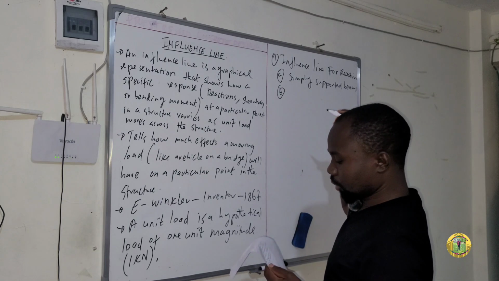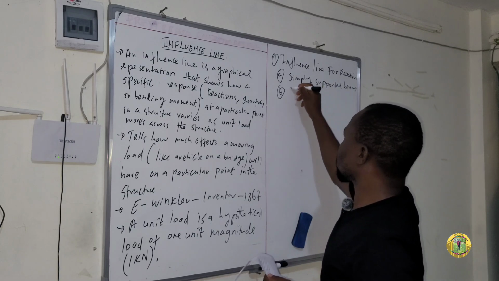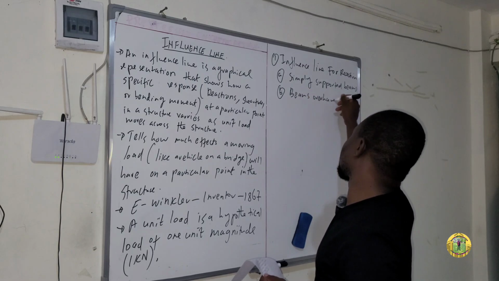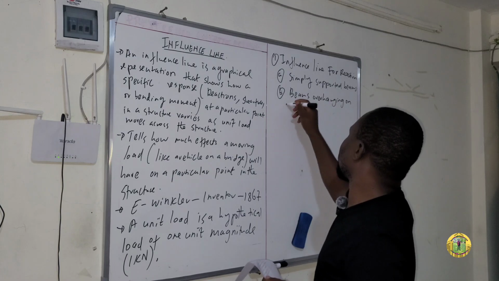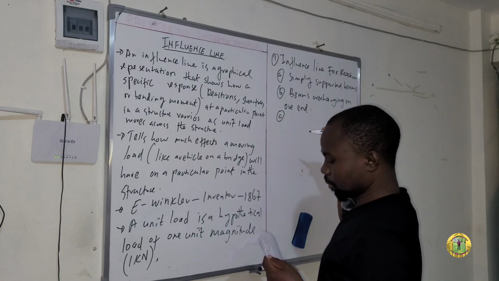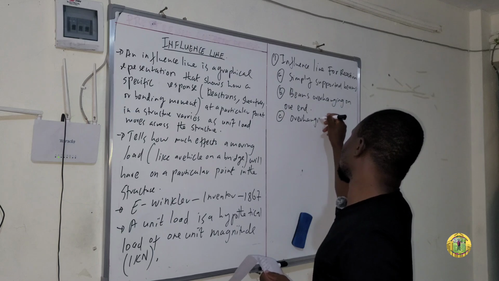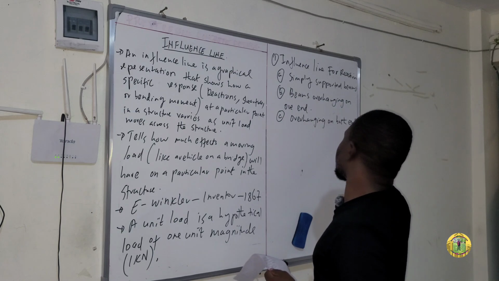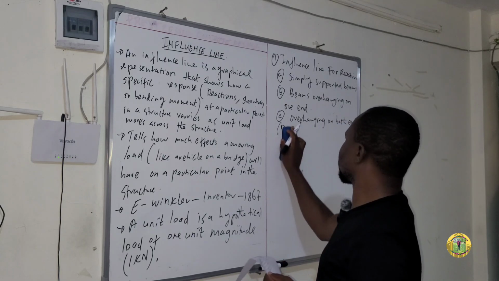Then B, beams overhanging on one end. Then C, beams overhanging on both ends. There is no D.